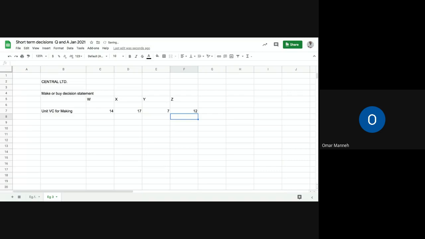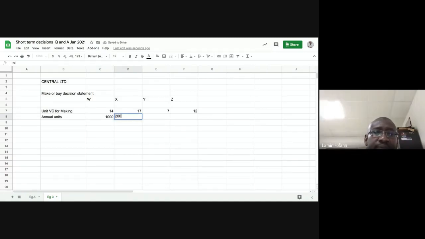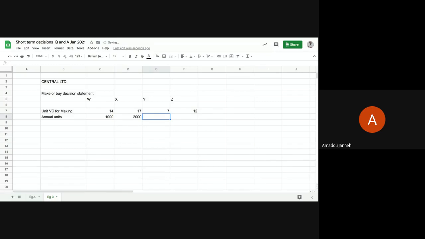Right. So let's find our annual units, so we can multiply to get our total variable cost. What are the annual units for W? 1,000. 2,000. 4,000.